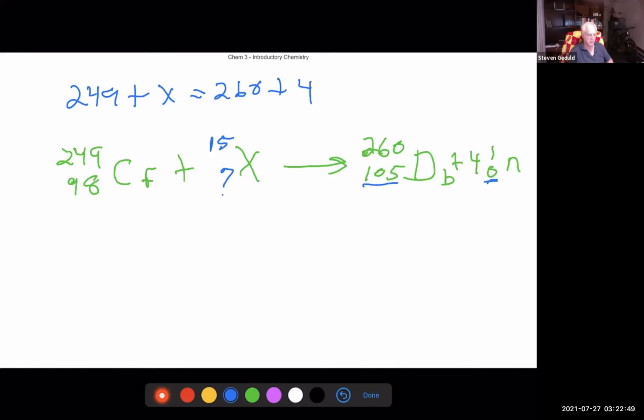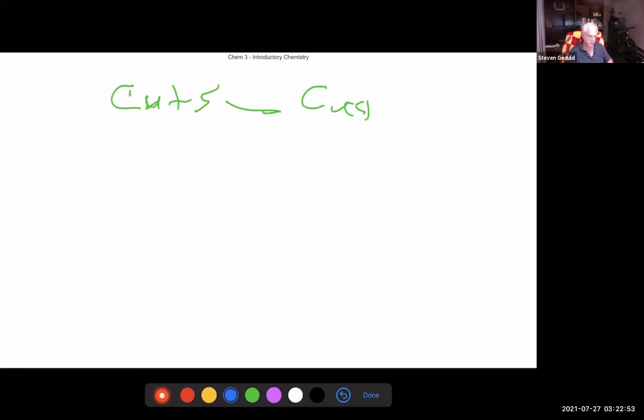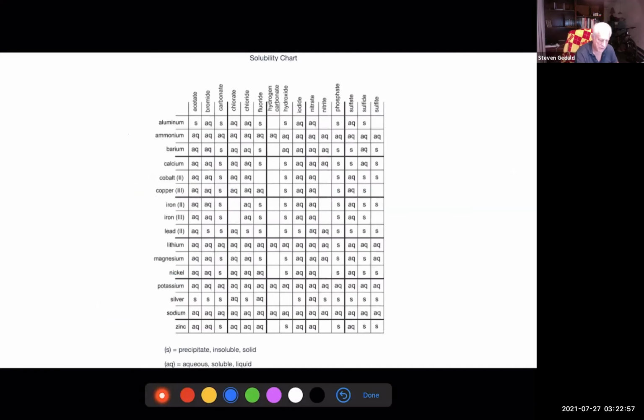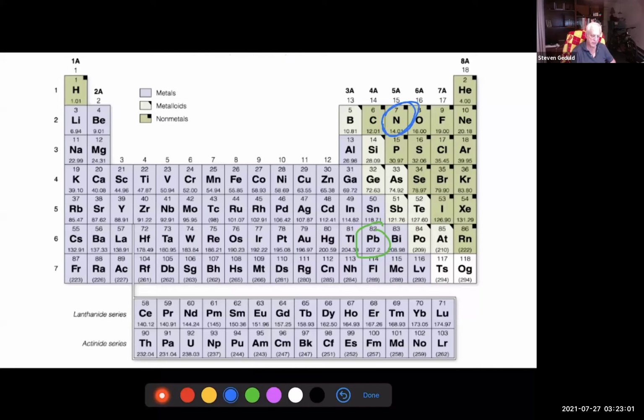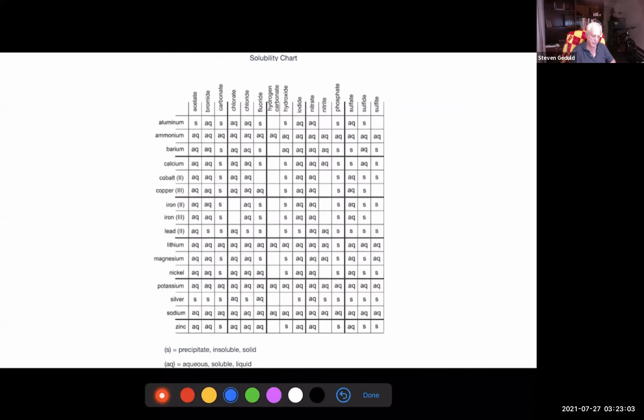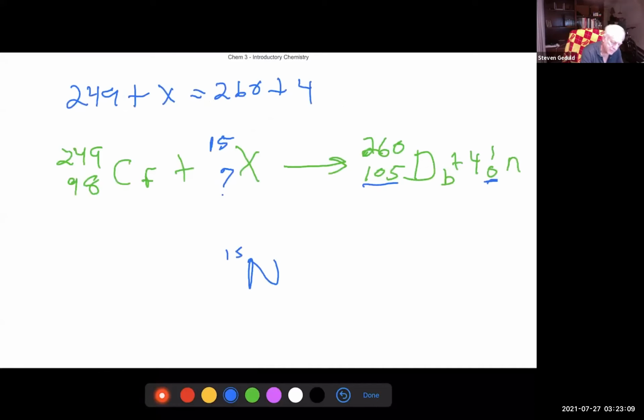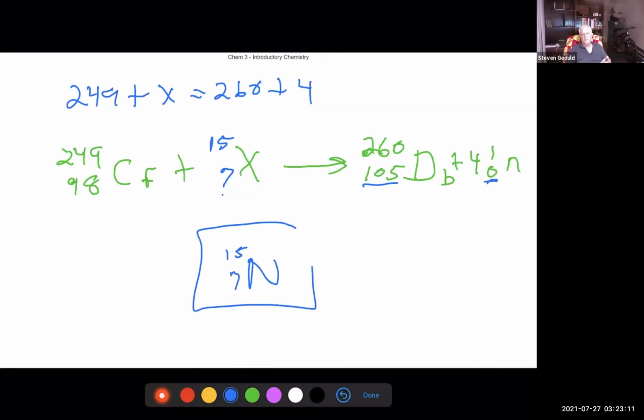So number 7, look on the periodic table. And what's number 7? Number 7 is nitrogen. So the missing element is nitrogen with 15 and 7. That's what's missing right there from that radioactive decay. So radiation is real simple. You add the tops, make them equal, add the bottoms, make them equal.